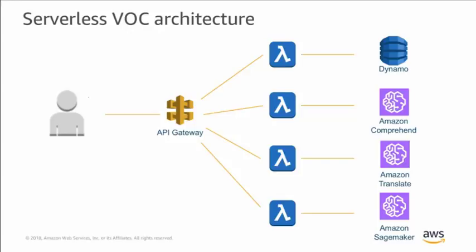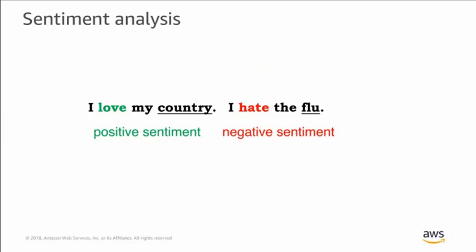Now let's look a little deeper into sentiment analysis, or Comprehend. What is sentiment analysis? Sentiment analysis is the emotion that a person has when that person writes a sentence, and they try to communicate that sentiment through that sentence.